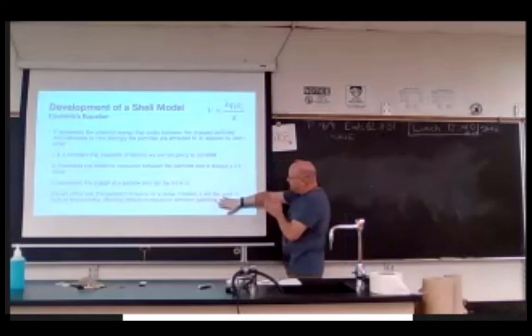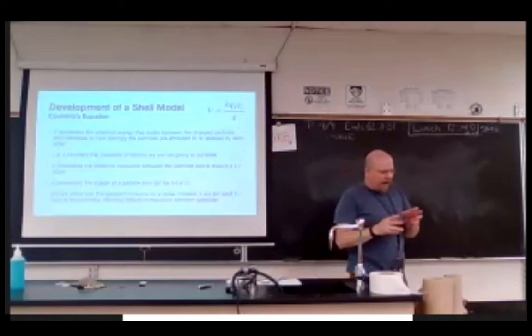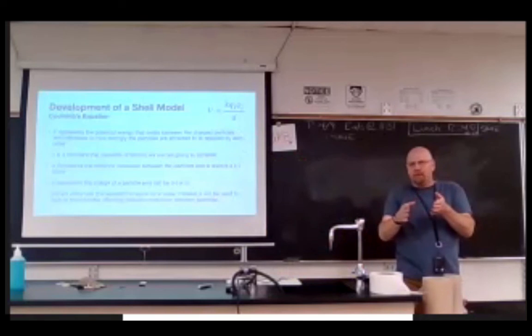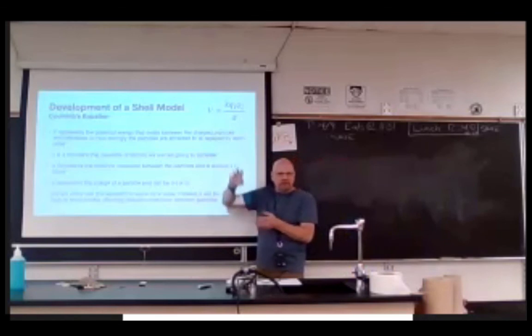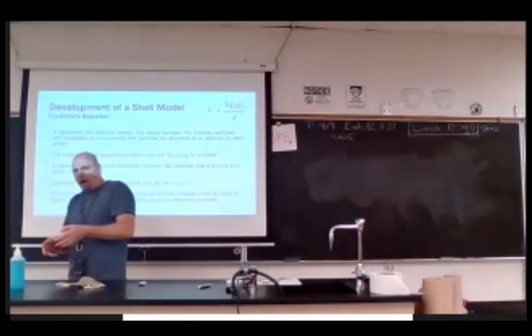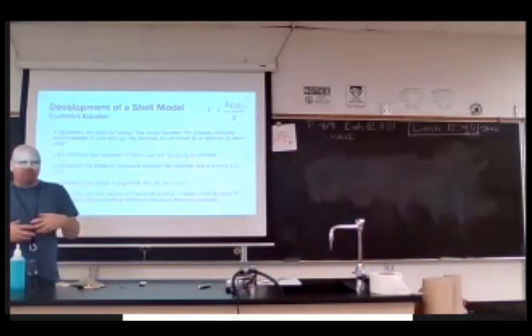Which gets us to this equation. There are maybe 2 or 3 times where I'll ask you to plug numerical values into this equation and solve for them. For the most part, that equation is for us to look at the relationships between things.